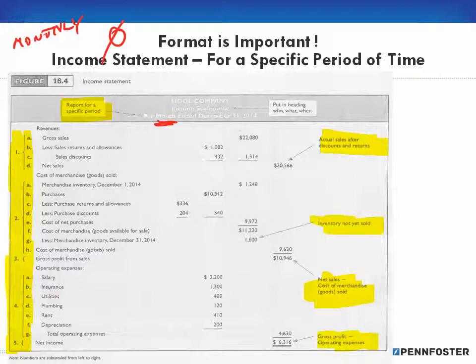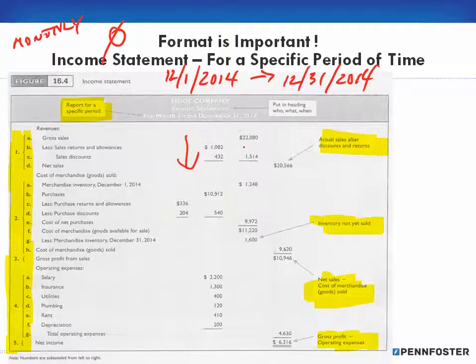But during the accounting period, it starts out with a zero balance. So if this is for the month ending December 31st, our accounting period went from December 1st, 2014 through December 31st, 2014. And so the information that's on this income statement is only reflected between those dates.